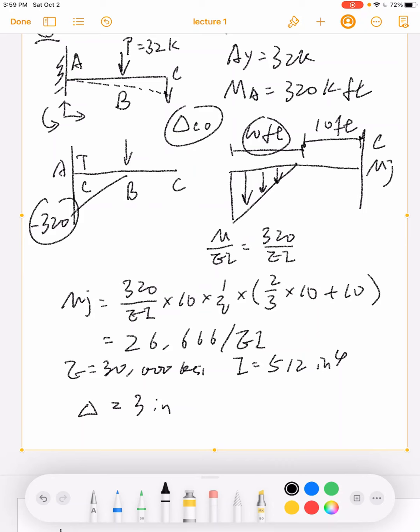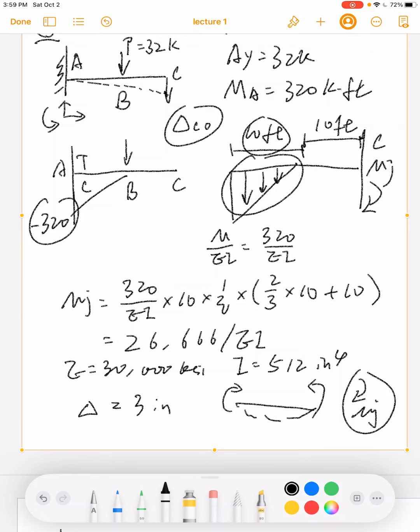For the MC, we know it has to be clockwise to balance the load here. And when we talk about positive beam bending moment, we know that only when the bending moment makes a bowl shape is it a positive bending moment. In this case, what we have for the MC is in the opposite direction, right? So it's a negative bending moment. Therefore, delta should be pointing downward.